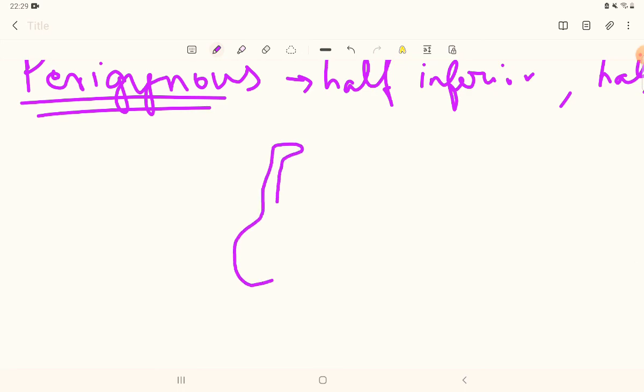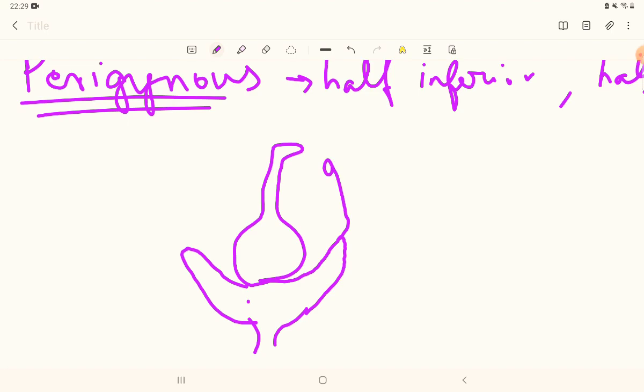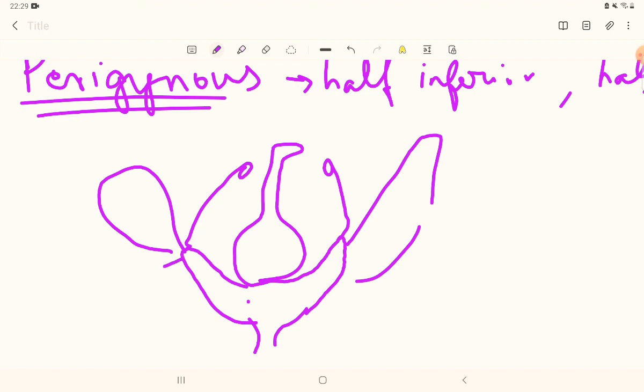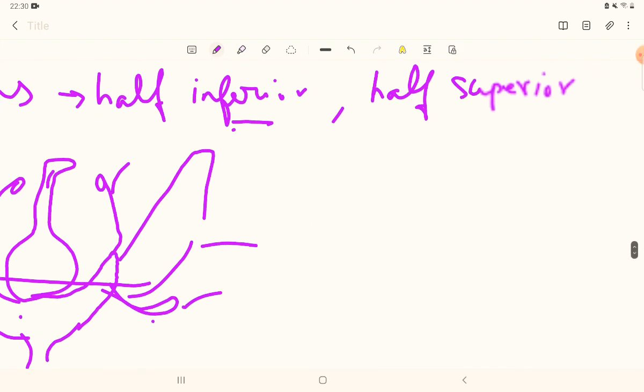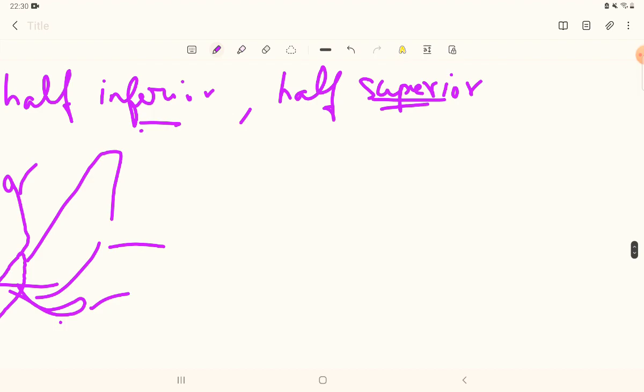It's like this. Okay, so this is your thalamus part. So here will be, this is your sepals, this is petals, this is androecium, this is gynoecium. Same level. So I'm saying it's neither inferior nor superior. So I can call it half inferior, half superior.